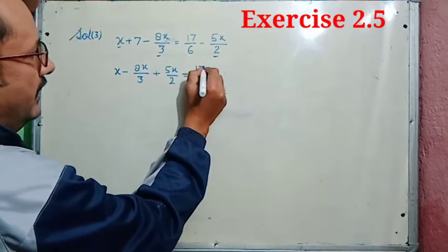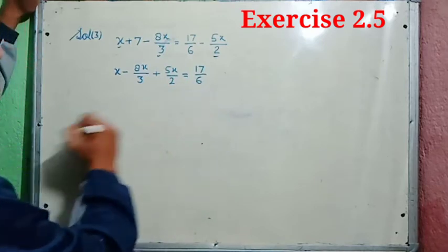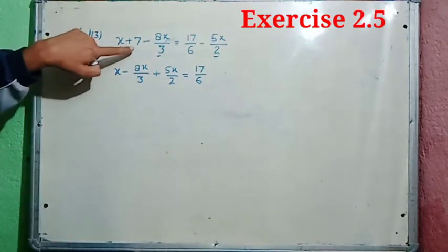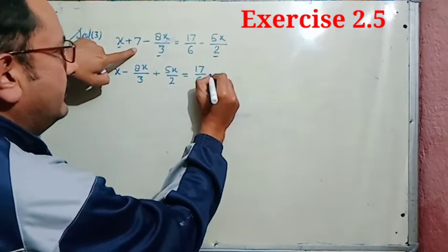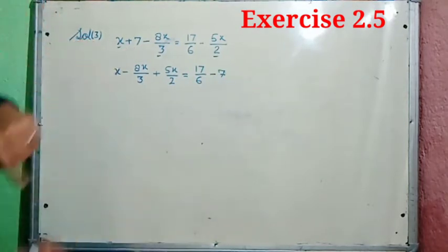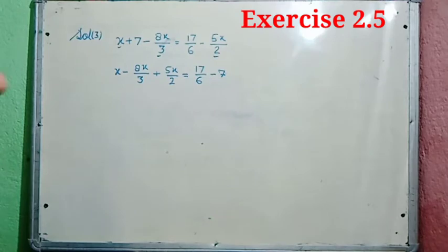Now here we have 17 upon 6, and we will transpose this 7 to right hand side with changing its sign like this. Our first step is done.